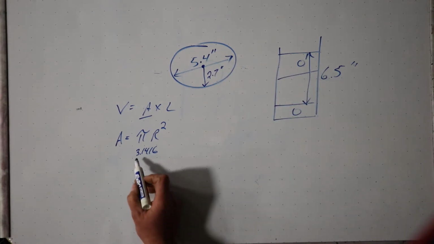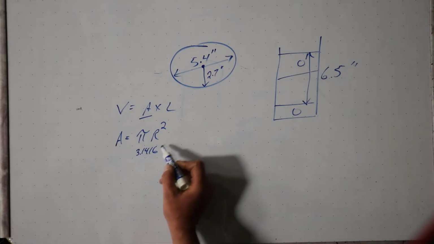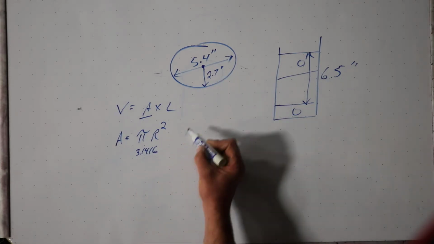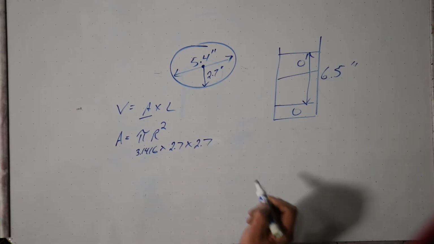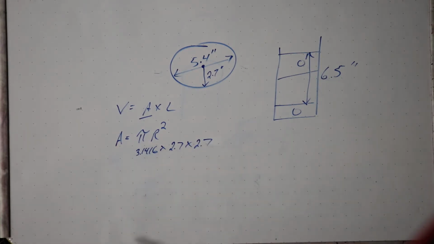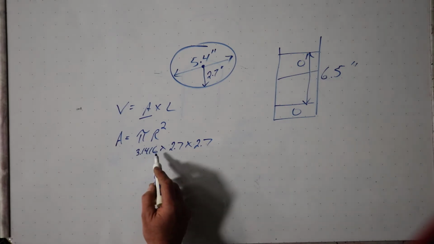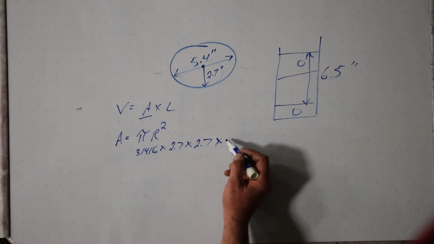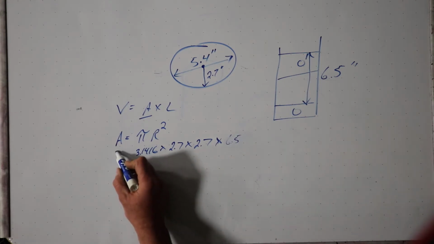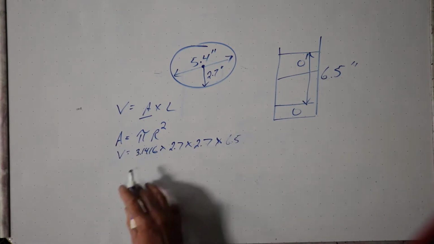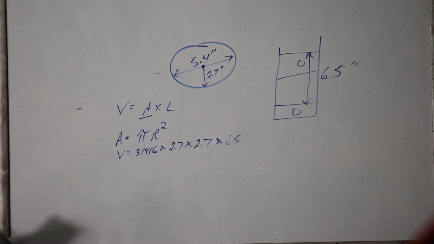Okay, so we'd go 3.1416 times 2.7 times 2.7, and that would give us our area. Then with our area, we just times it by the length of the stroke, 6.5, and that would give me volume. So if I type that out, I would end up with the volume of the cylinder.